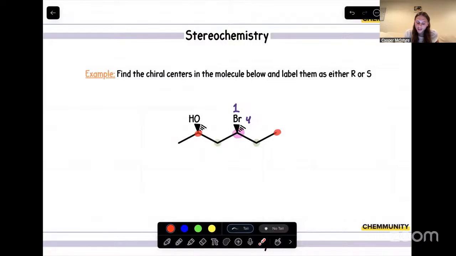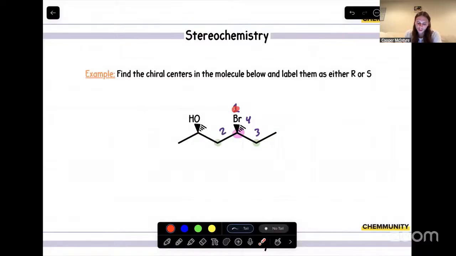Now, one thing that catches my eye is that this carbon has no hydrogens, this carbon has three hydrogens, but most importantly, this carbon right here is bonded to an oxygen, which has a higher priority. So we'll go ahead and assign this group as our second priority, and then this ethyl group is our third priority. And then yet again, we'll go through and count all of our groups in order.